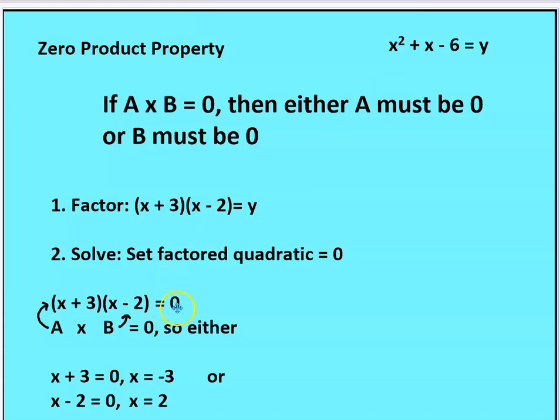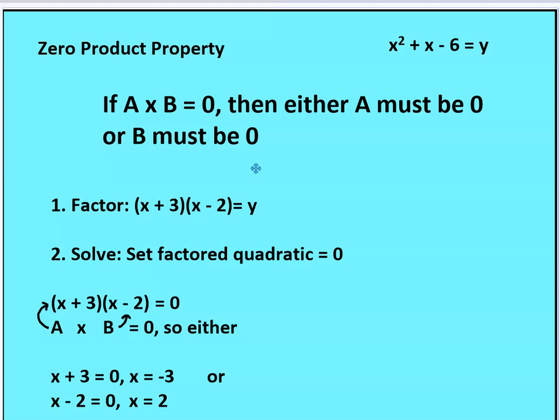That means either x plus 3 is 0 or x minus 2 is 0, so x is equal to negative 3 or x is equal to 2. The zero product property says if a times b is equal to 0, then a must be 0, or b must be 0, or they're both 0.